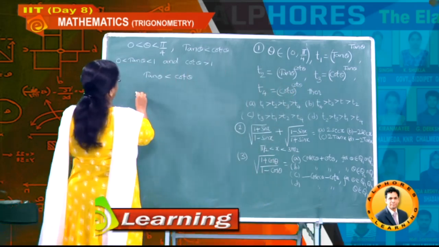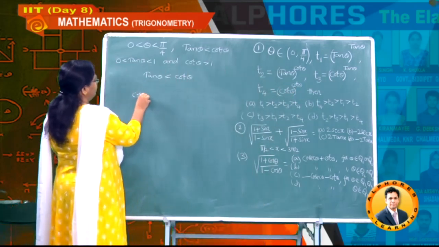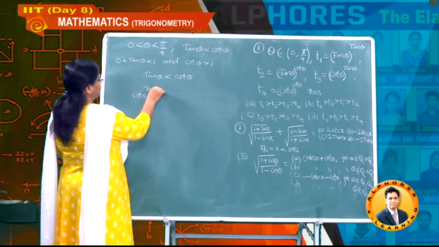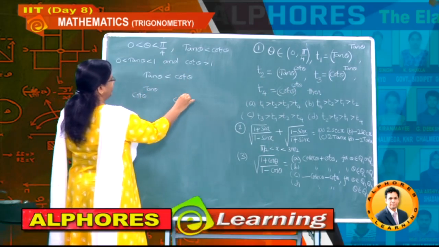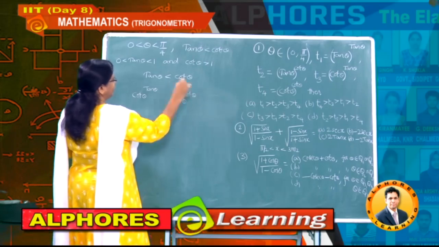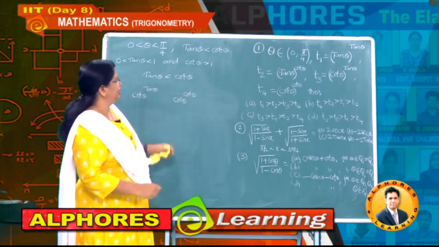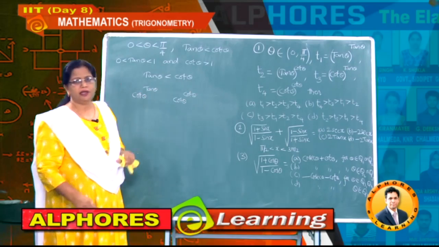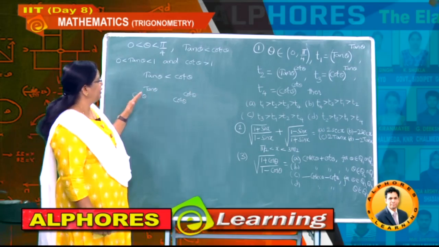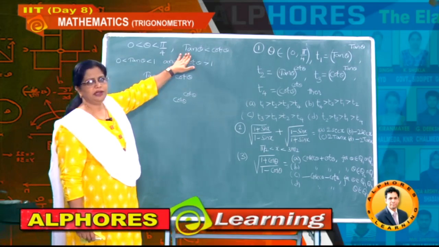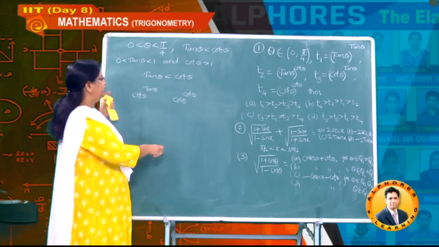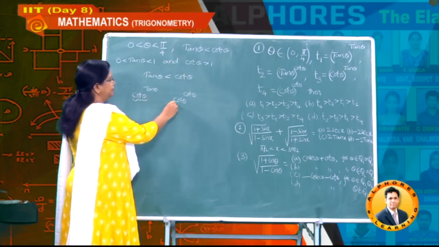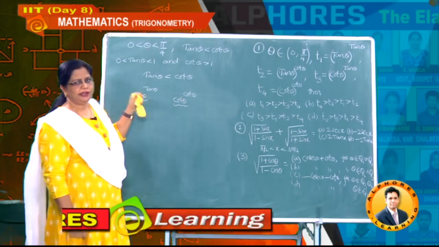Cot base I am taking, that is cot theta to the power of tan theta, and here also cot theta to the power of cot theta. Okay students, now which inequality I have to write? So what I have done here, this is the known inequality from the data, and to that data we have taken the base value as cot and cot.